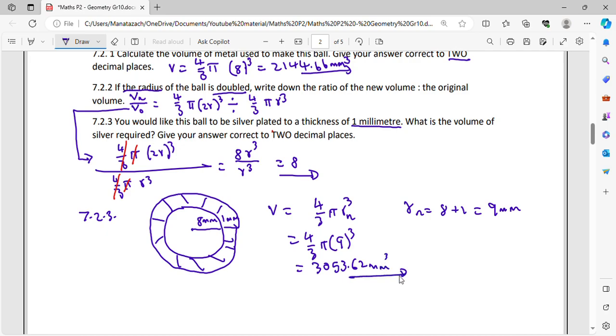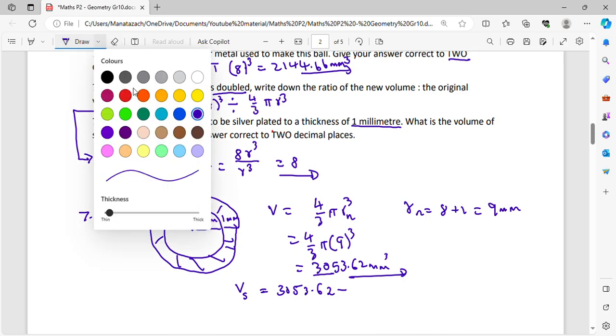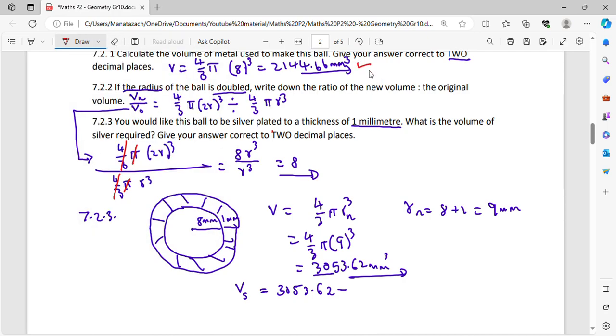So to conclude and answer the question, the volume of the silver is equal to this volume, 3053.62, minus the volume that you calculated before. Remember, under the first question we had the volume of 2144.66, which is the volume of the ball itself.